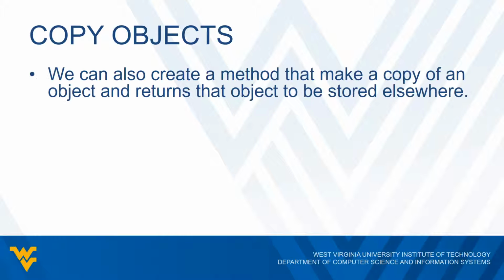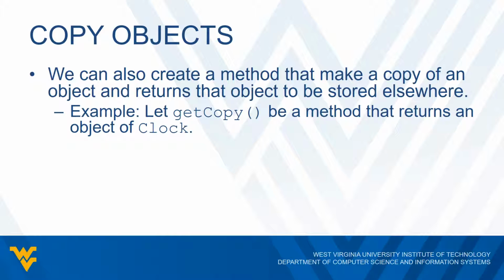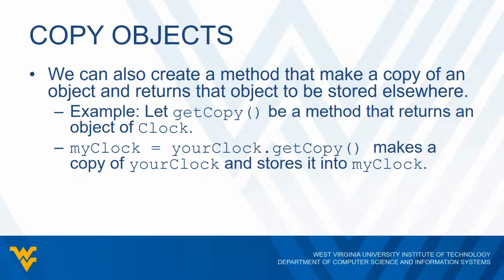We can even take it one step further and create a method that just basically duplicates the current object, and we just return that object to be stored somewhere else. So let's say we create a method called getCopy, and this is a method that returns an object of our clock. So we can say something like myClock equals yourClock.getCopy.